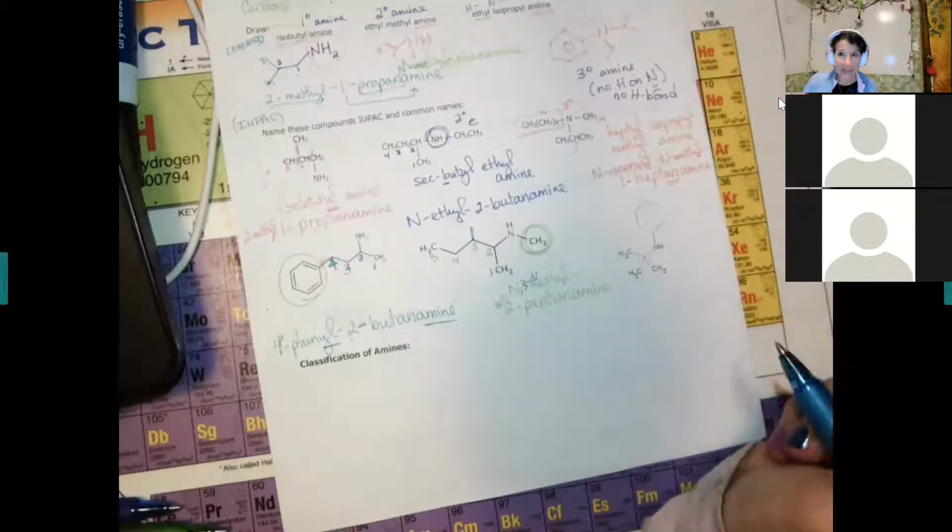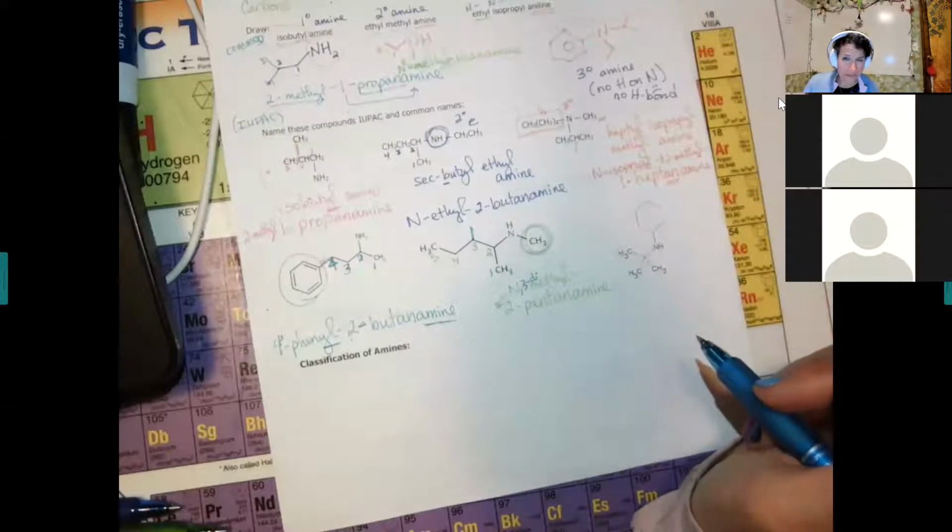I'm going to add a piece to this because this is a question that usually comes up. What if there was a methyl added there? I added it to our picture. That would be at number 3. So you would actually say N-3 dimethyl. I'm pretty sure the N comes before the 3.